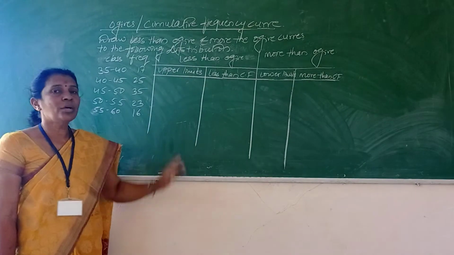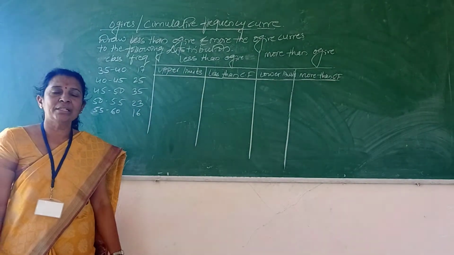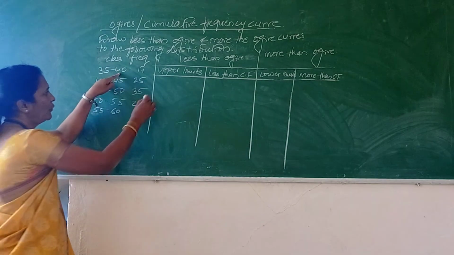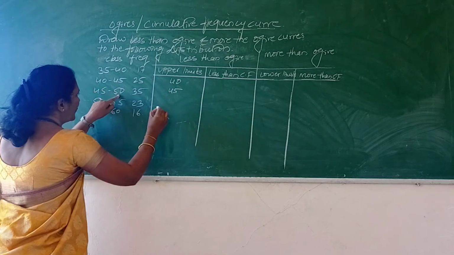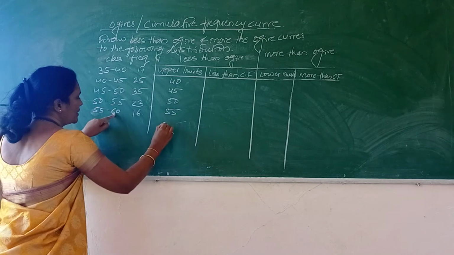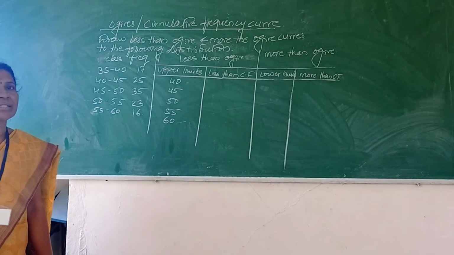Now what all are your upper limits? Which upper limits are there here? These are your upper limits: 40, 45, 50, 55, 60. All the upper limits of the classes.